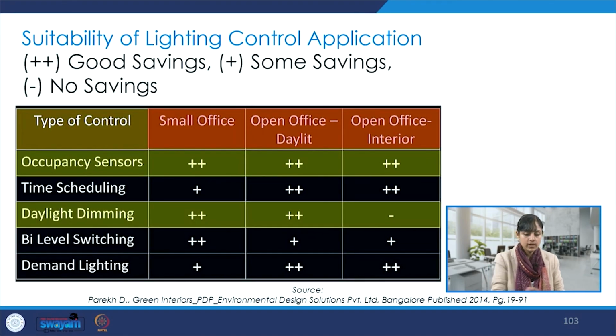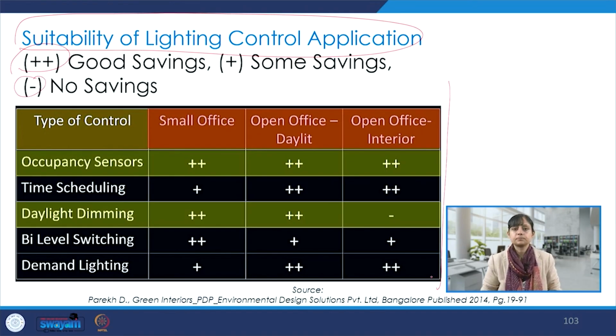So here, if we look at one inventory to help us understand the suitability of lighting control applications, from good savings to no savings, this is the kind of mapping. Let's say small office, open office which is daylit, and open office interior.